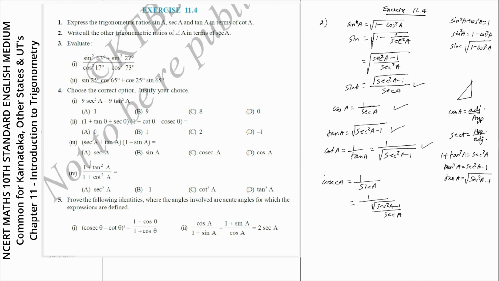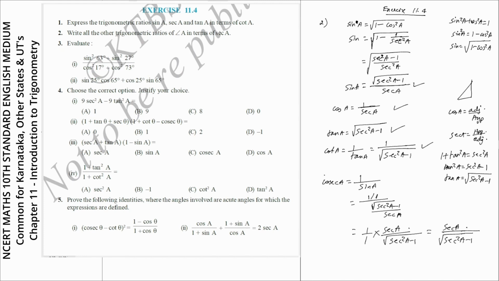So in the numerator 1 is there, which means it is 1 by 1. So this is equal to 1 by 1 into the denominator. If I take the denominator to the numerator, secant A will come to the numerator, and square root of secant square A minus 1 will remain in the denominator. So this is equal to secant A by square root of secant square A minus 1.